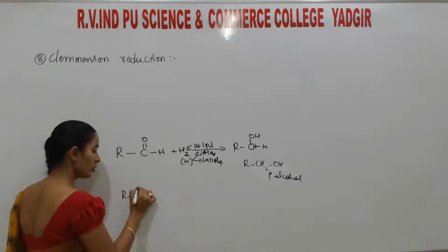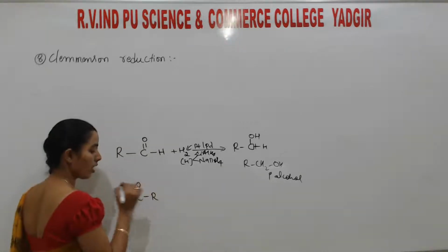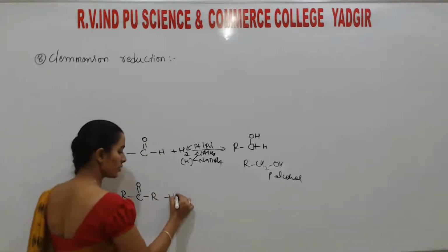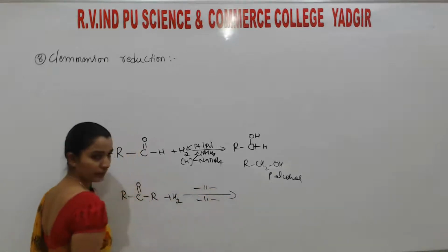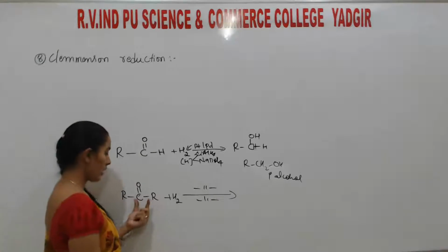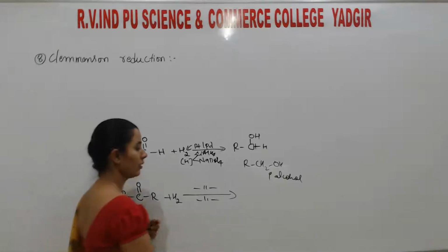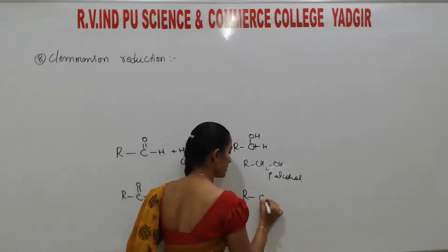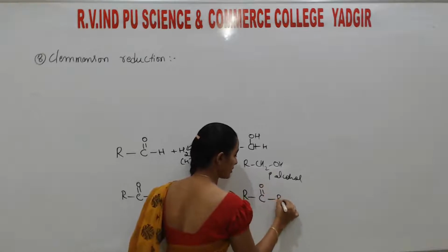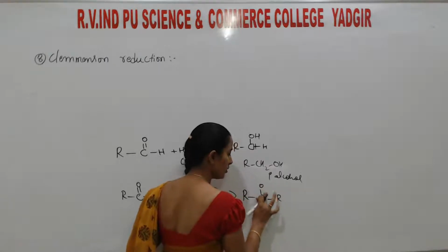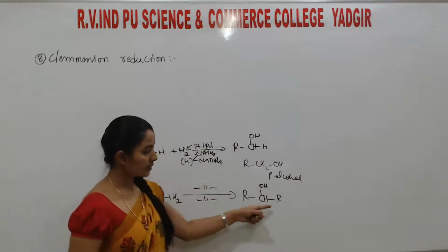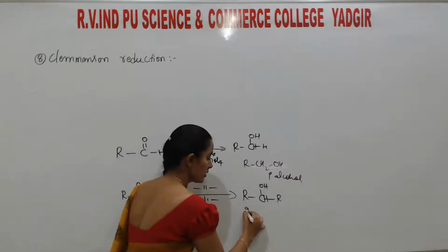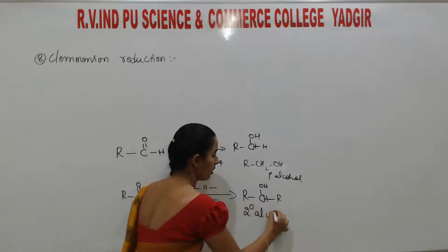If you take ketone, R C double bond O R, the same H2 is added and the reagents are the same. Hydrogen is added at the double bond, so RCOR becomes RCHOH R. This is secondary alcohol.